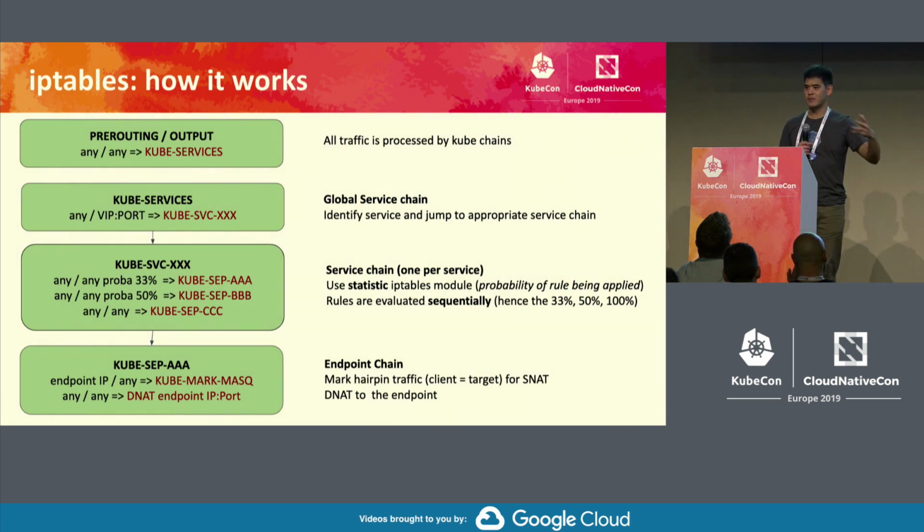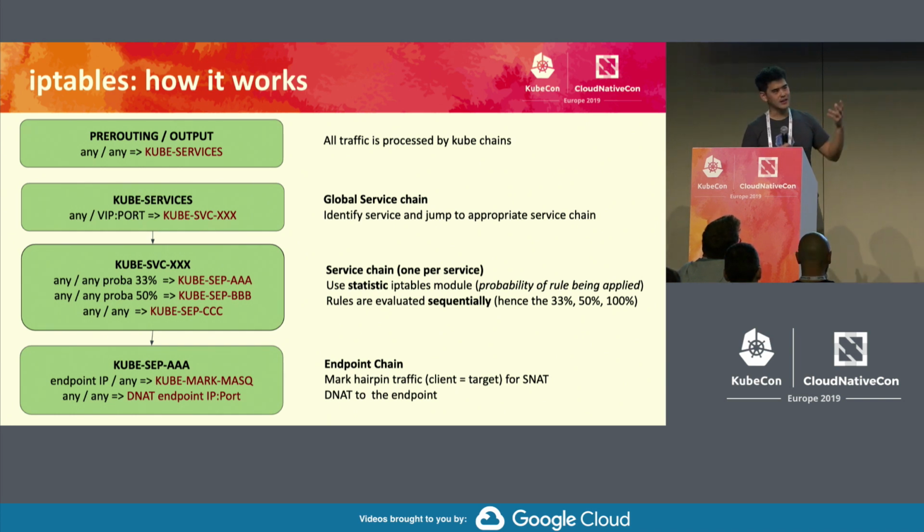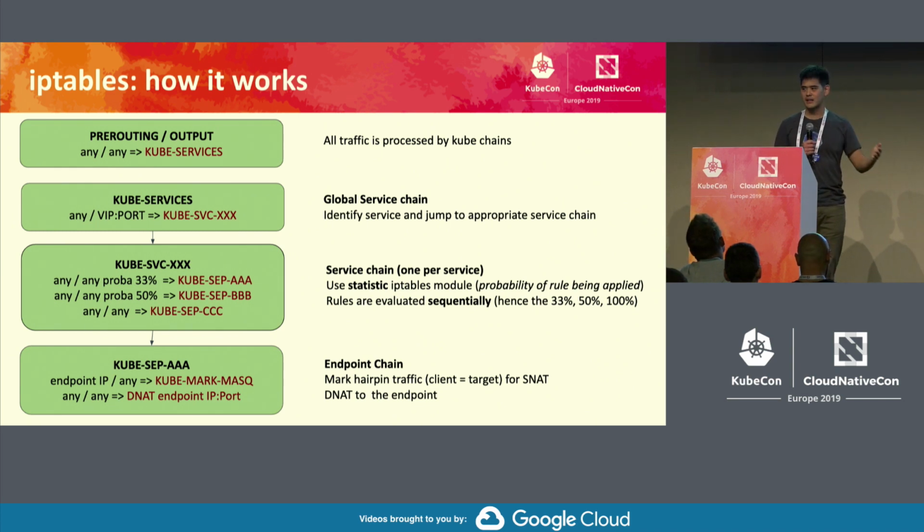Generally speaking, the rules are basically a bunch of if statements chained together in a linear list. So you first have to select a backend, and then you have to go to a service, and then you have to traverse all these tables. It's a long chain, and especially when you have a lot of services and a lot of backends, these chains grow linearly with that.